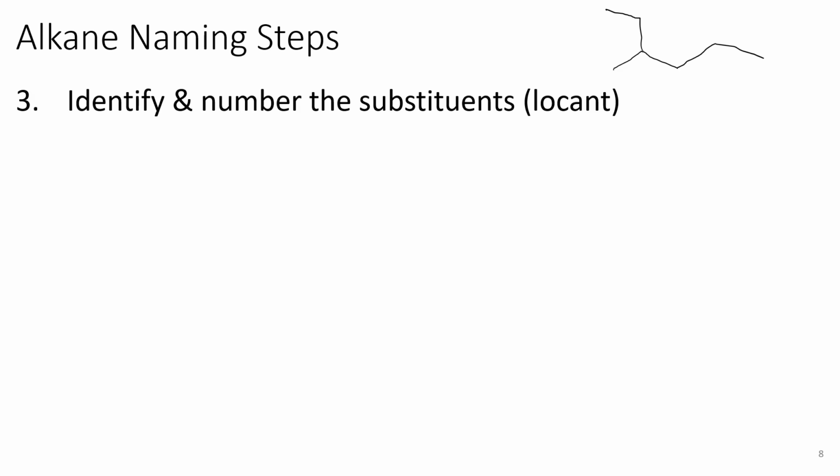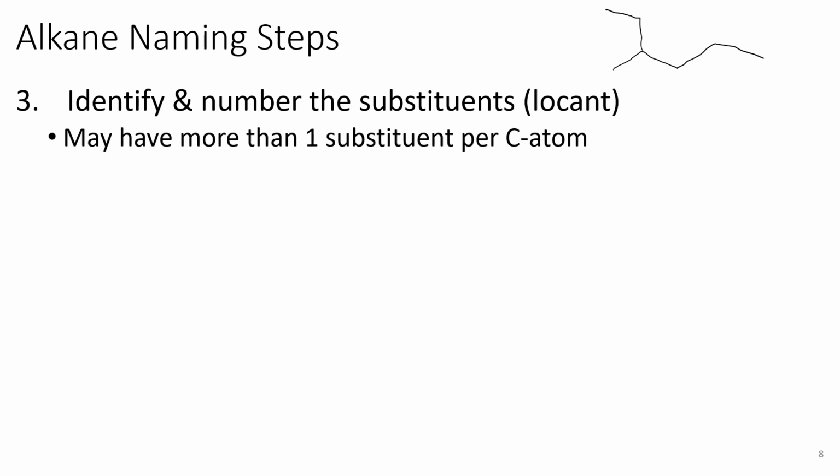The next step is going to be then to identify and number all the substituents. And this is really where we're going to be using our locant. You may have more than one substituent per carbon atom, and that is okay. We would just be using that locant multiple different places. So if we actually look at this, the branch that I have here, we've already said this is on 1, 2, 3, 4, 5, 6.